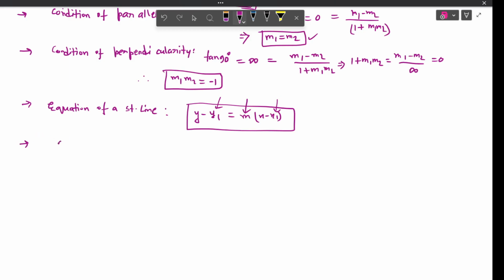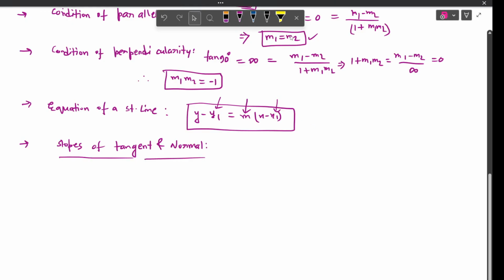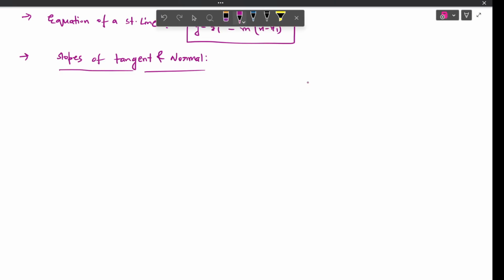slopes of tangent and normal. Let us say we have a curve. This is our curve, y equals f of x.